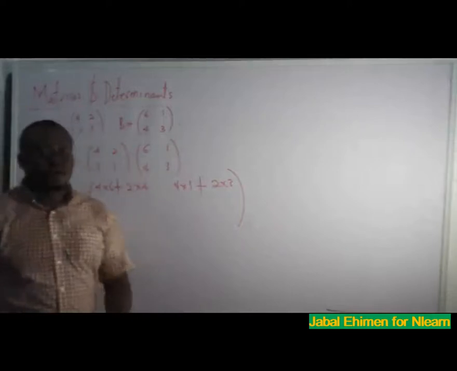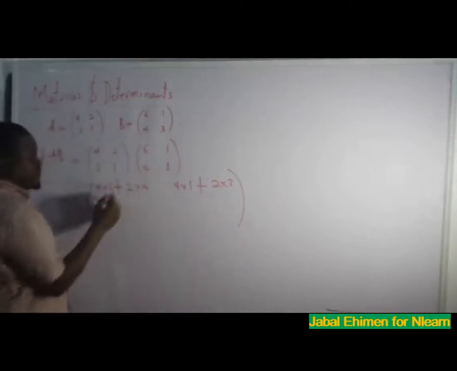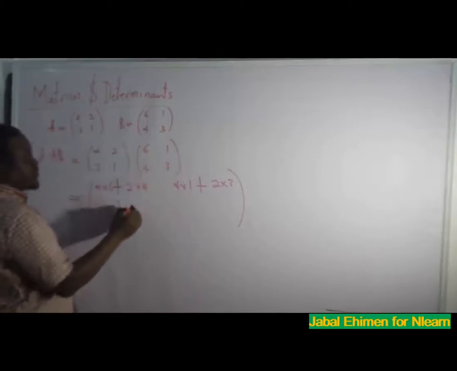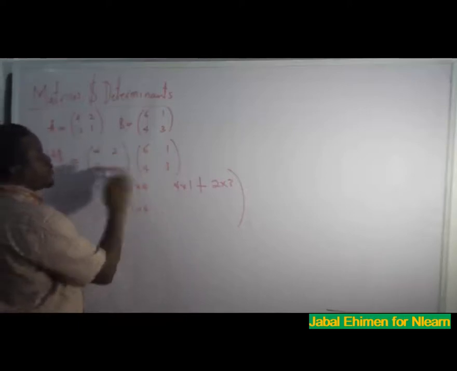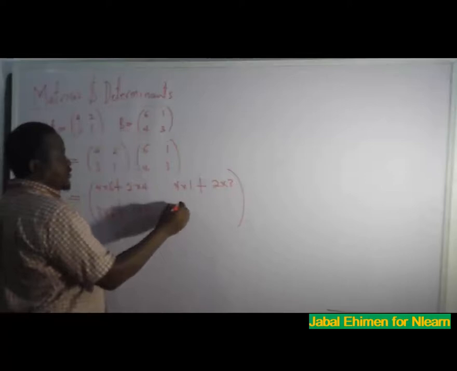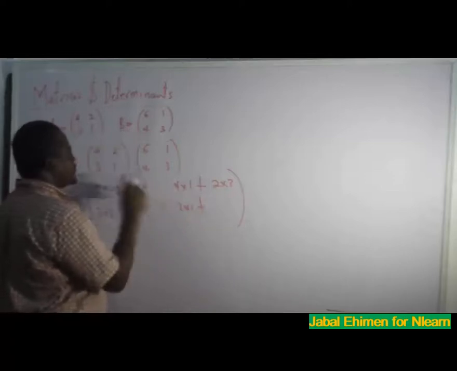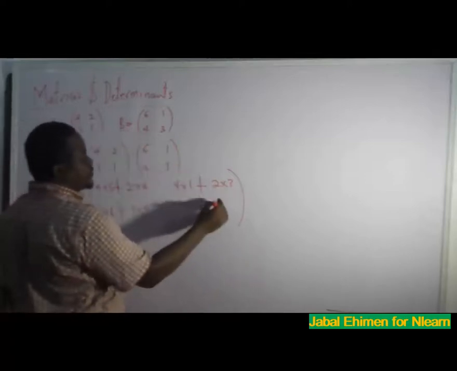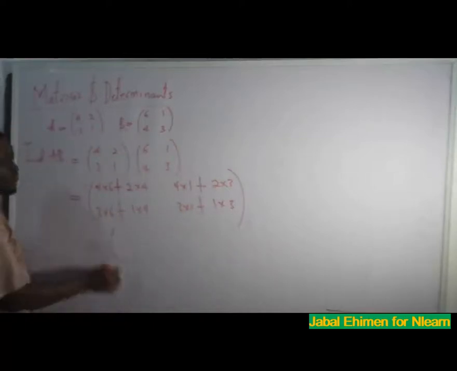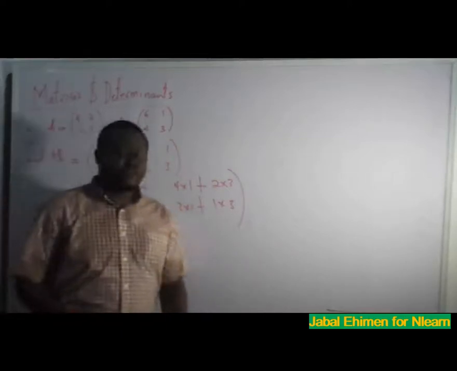The second row will give me 3 times 6 plus 1 times 4. The next one is 3 times 1 plus 1 times 3.